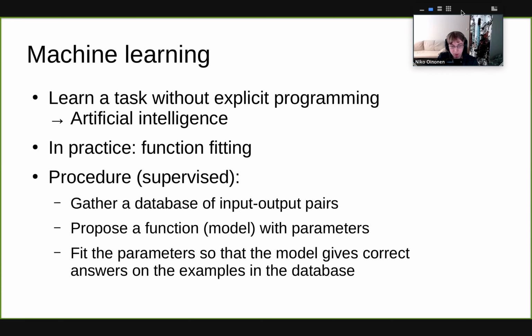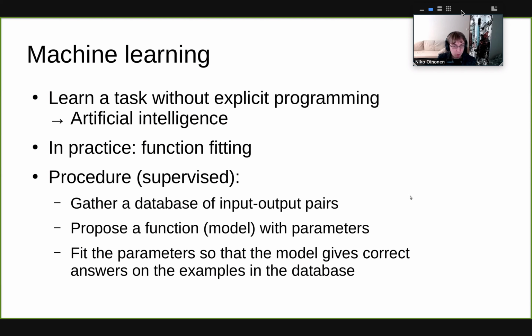And then you fit the parameters of the model to the database of examples that you have, so that the model gives the correct answer as often as possible.